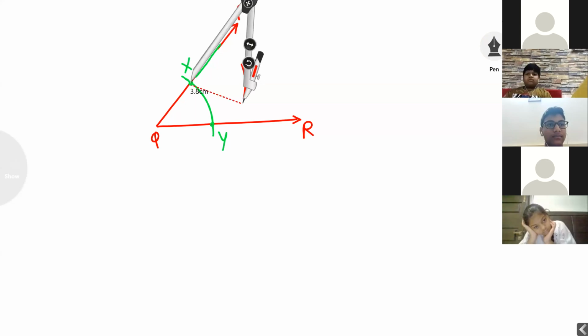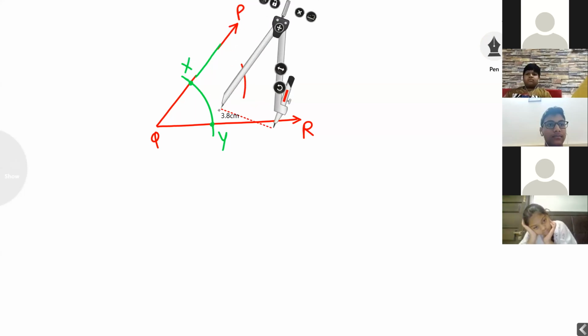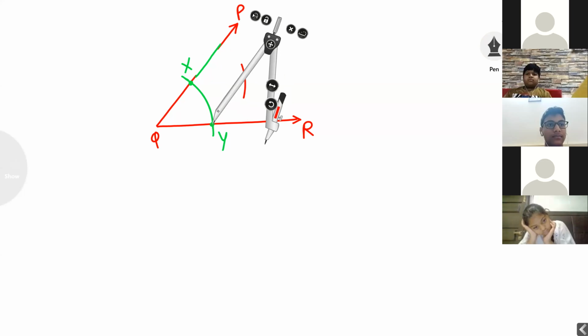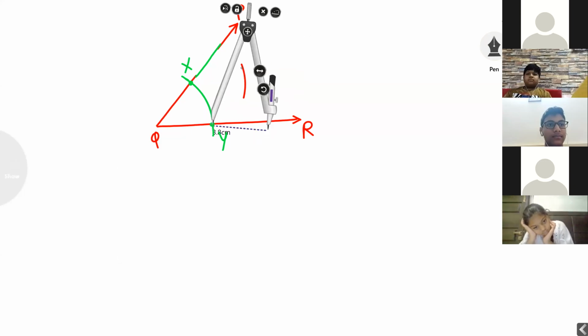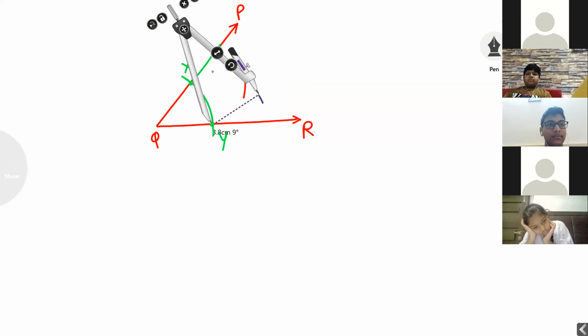Again, I want to keep my metal point at point Y. Again, I want to cut one more arc.